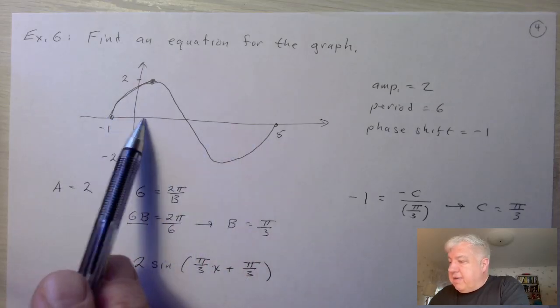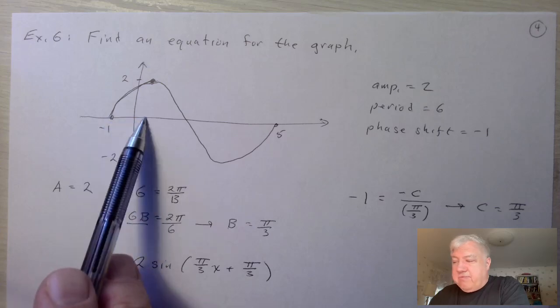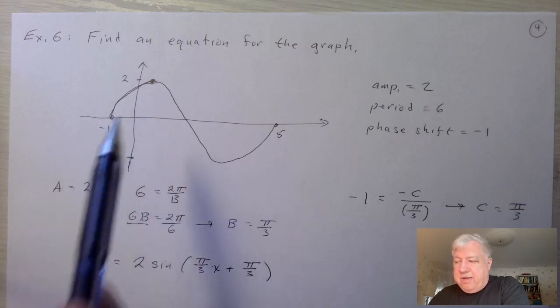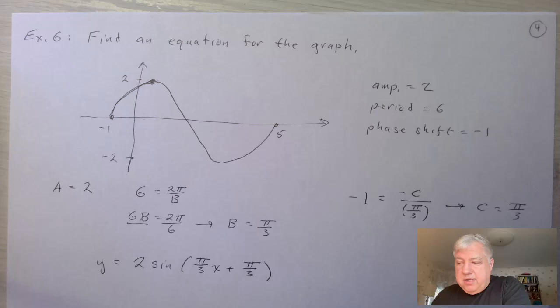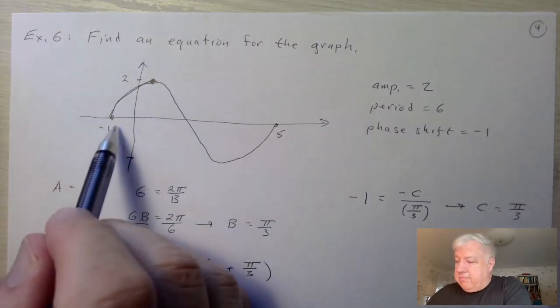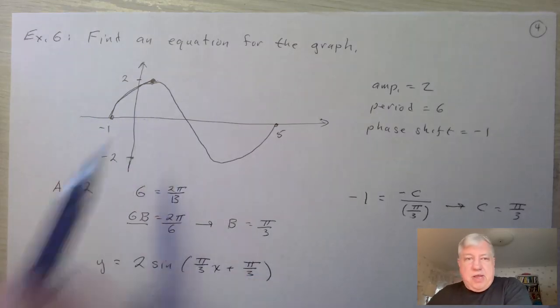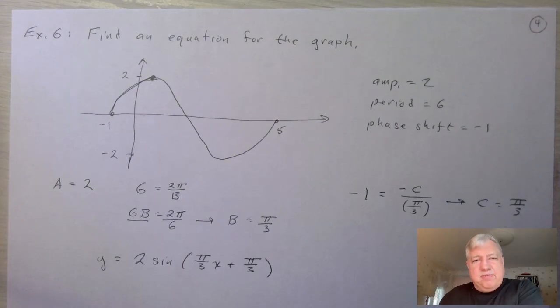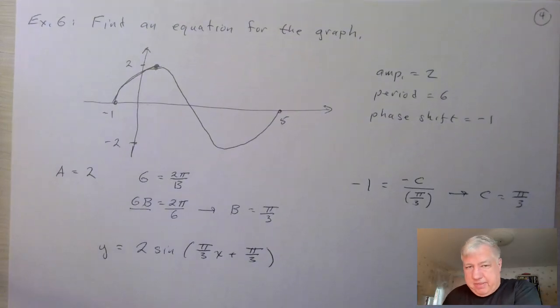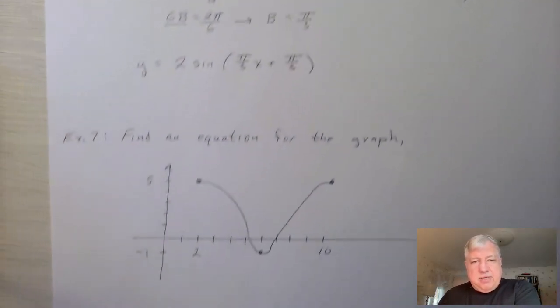So from here to here is 1/4 of 6, or 3/2, and that means this is right here at 1/2. But from here to here is 3/2. So as you can see, you got fractions involved, so we just leave it like this. Or maybe sometimes the sine is the easiest one.